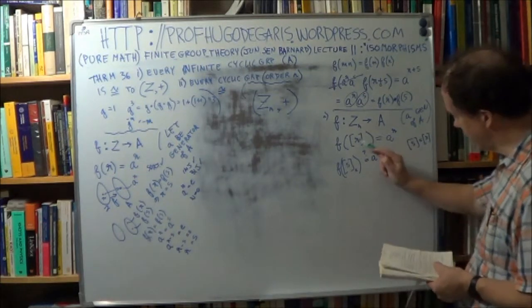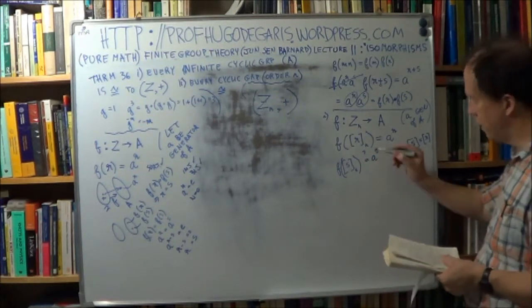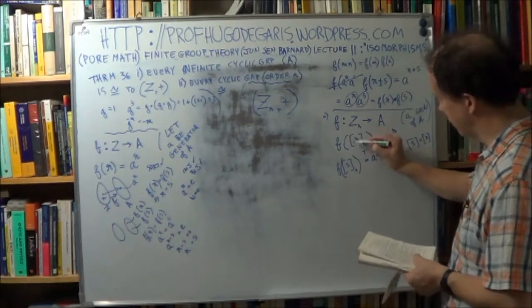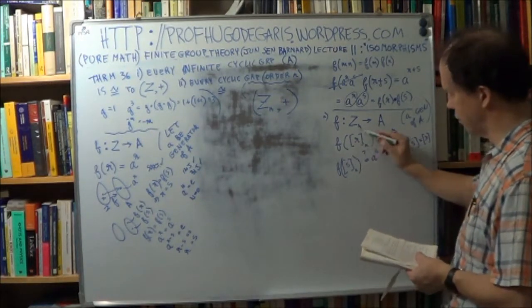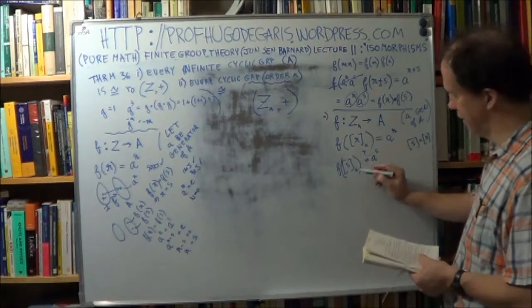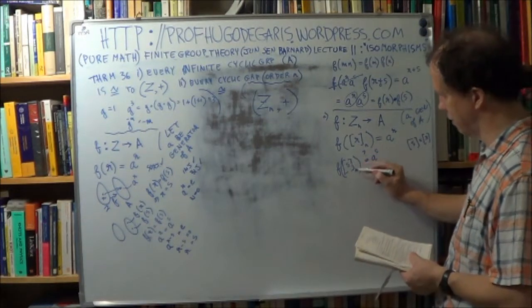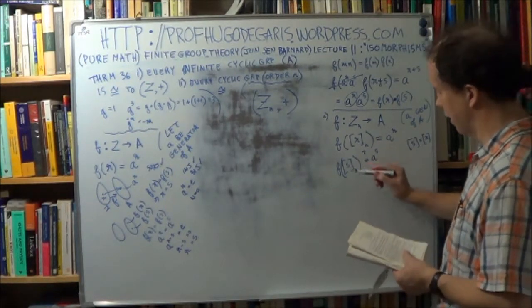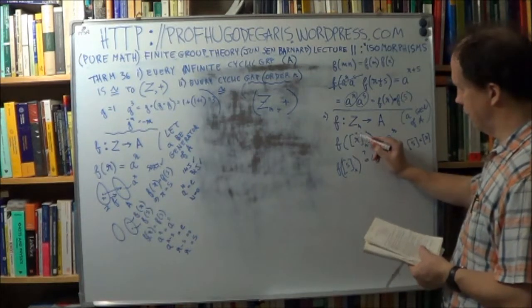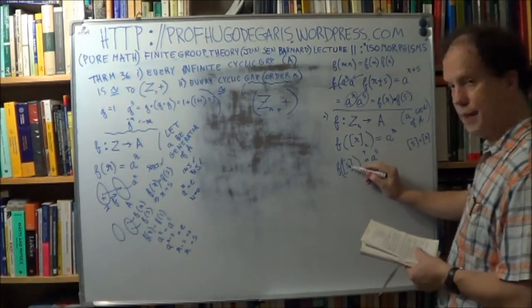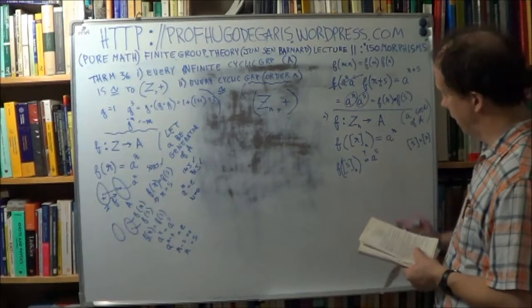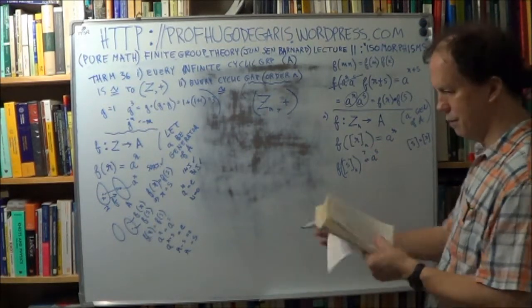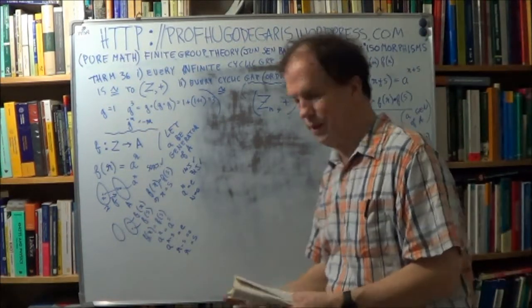Because R and S are congruent, this residue class of R mod n is the same as the residue class of S mod n. This set includes S, and this set includes R, so they're the same residue class.